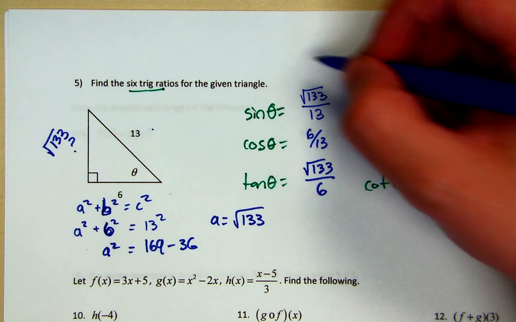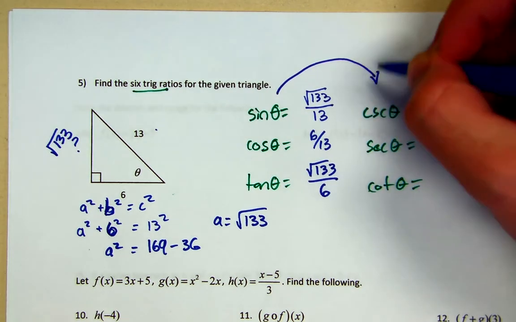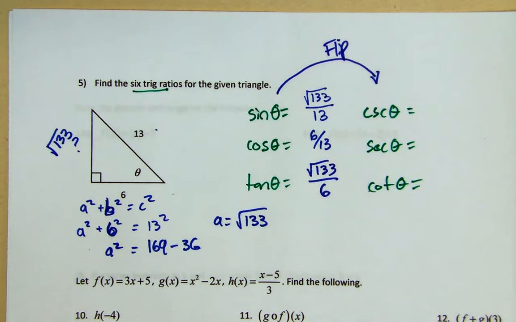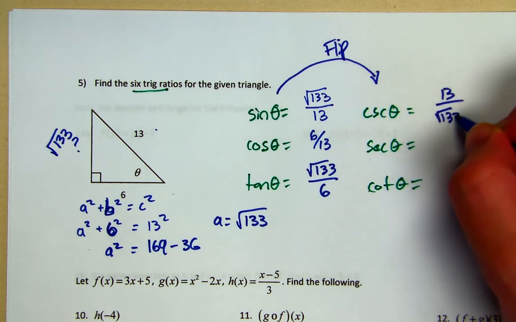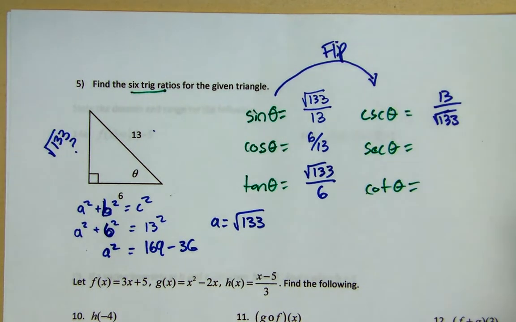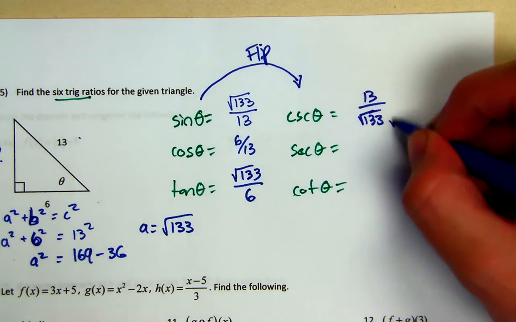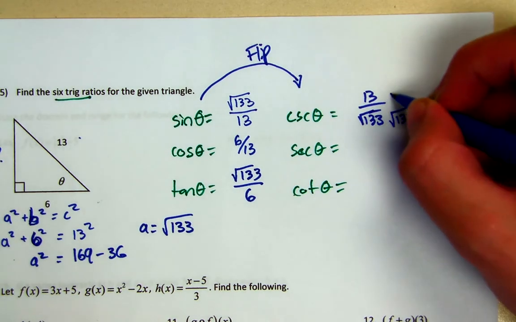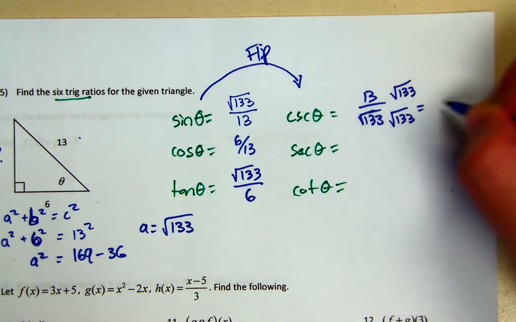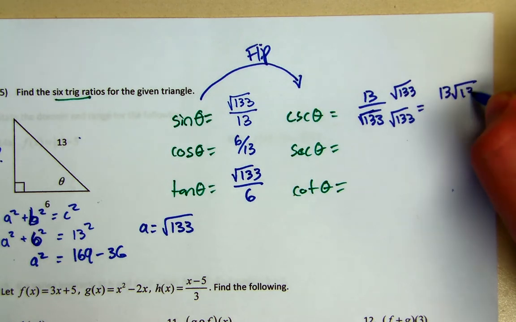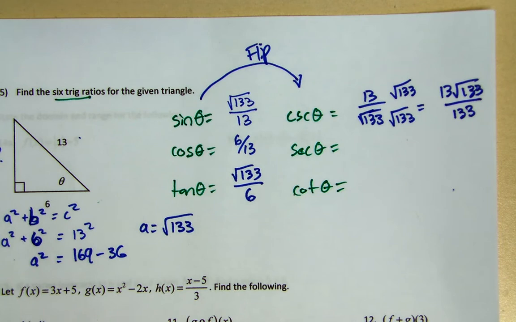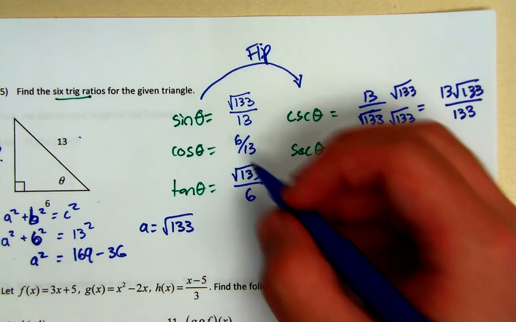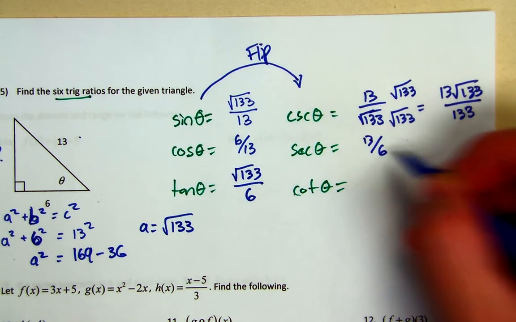Cosecant, again, to get from here to here, just flip. So now I've got 13 over the square root of 133. Well, now I need to rationalize. So multiply top and bottom by square root of 133. We get 13 square root 133 over 133. Alright, flip, 13 over 6.